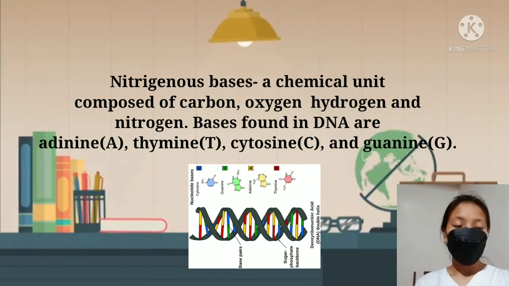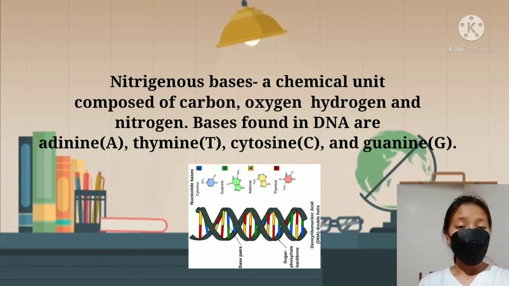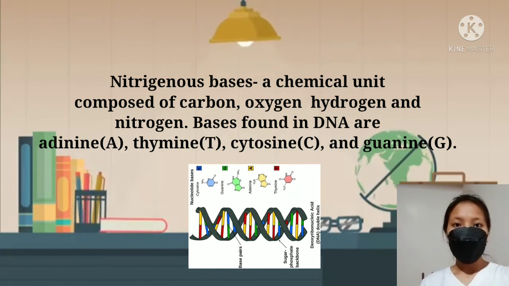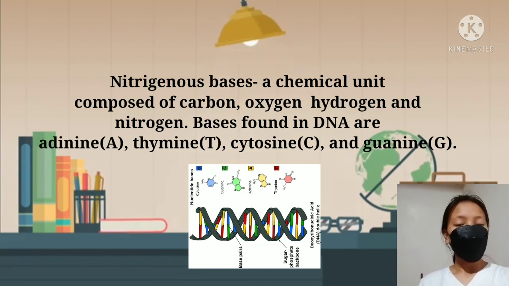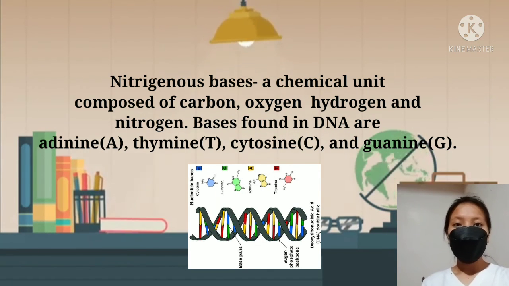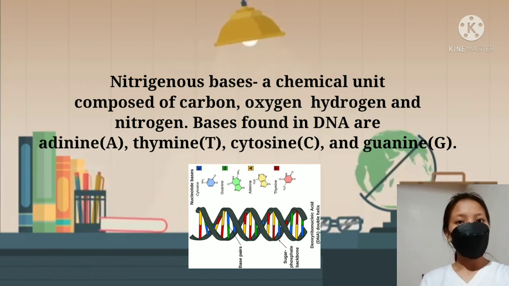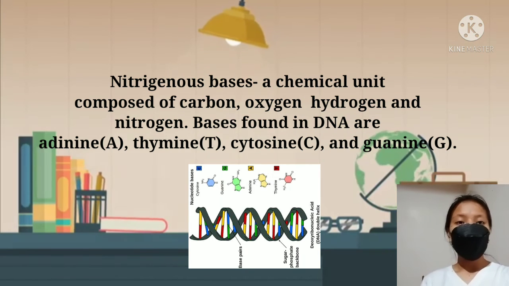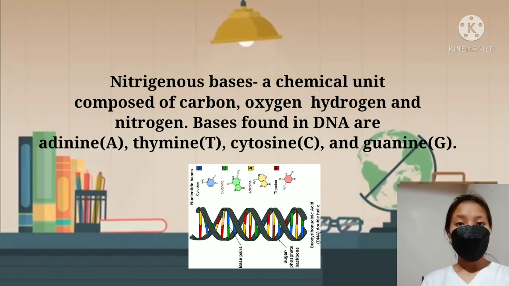The nitrogenous bases in DNA are adenine A, guanine G, thymine T, and cytosine C. The nitrogenous bases of RNA are the same, with one exception: adenine, guanine, uracil, and cytosine.